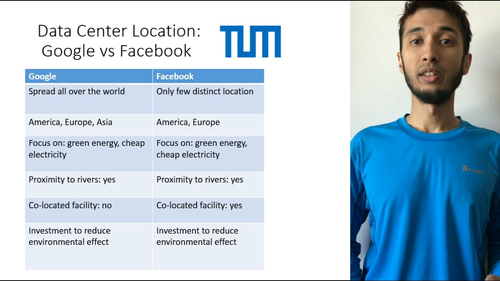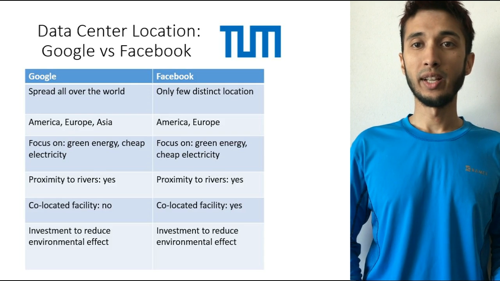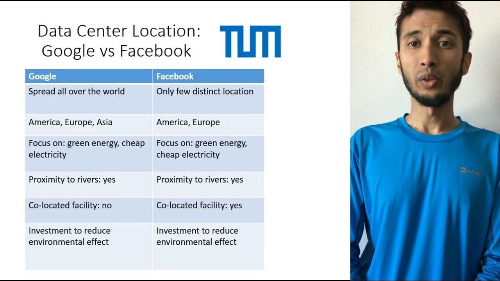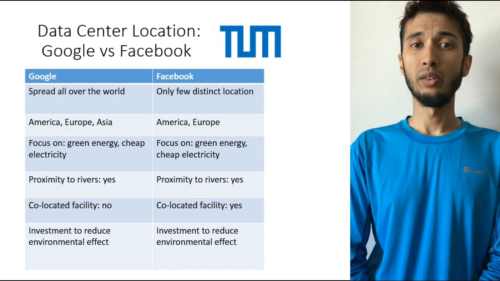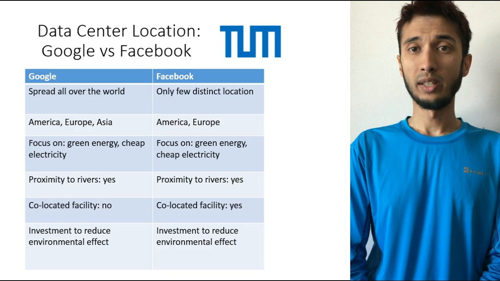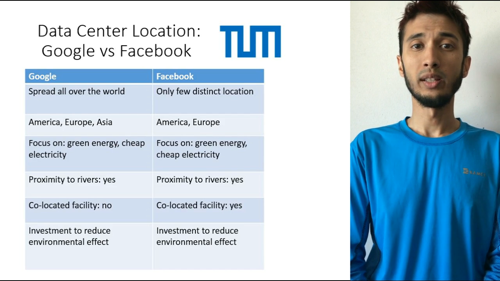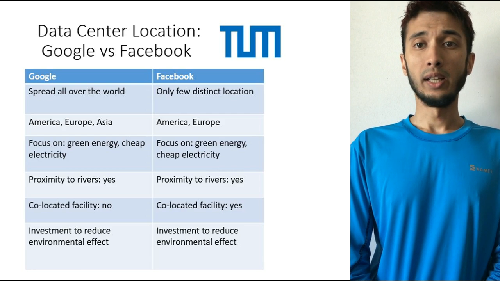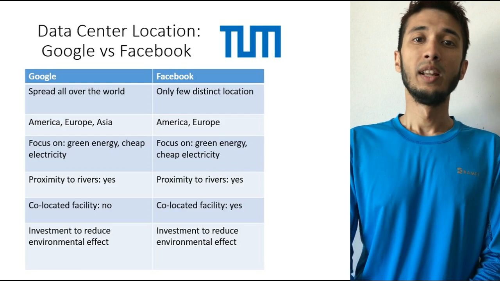Let's start with data center location. The location of a data center is vital for any company because the geographical location has a significant impact on the environment. Site selection, clean power, telecommunication, etc., along with the geographical location play an important role in the site selection process.